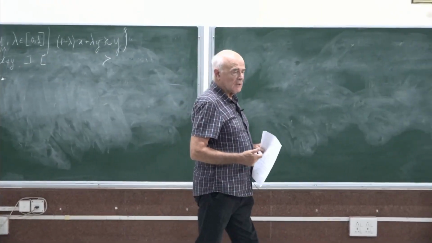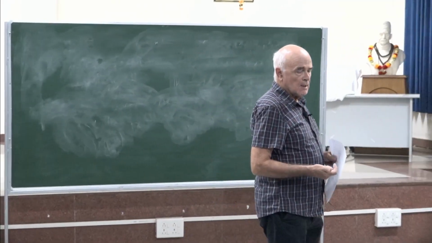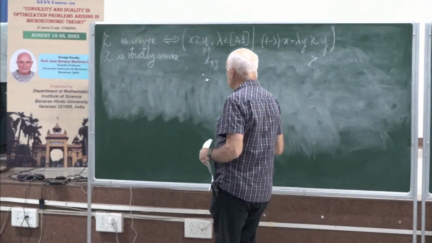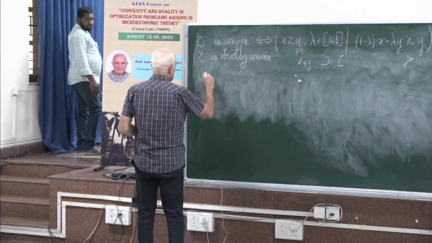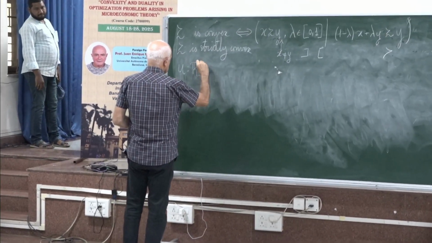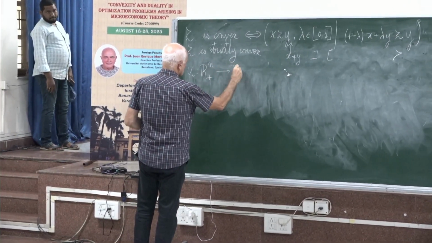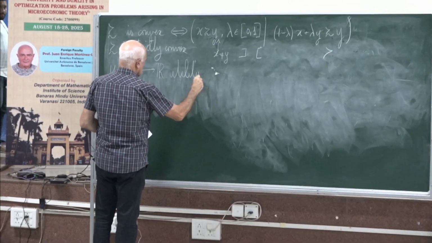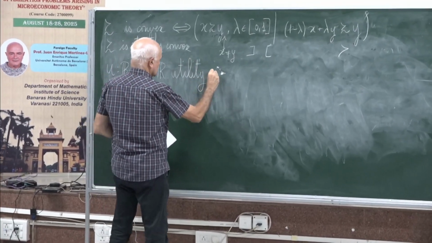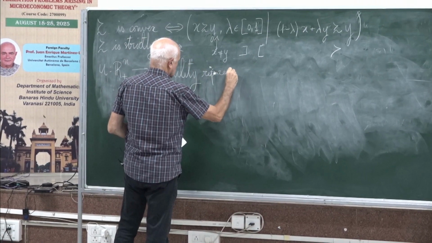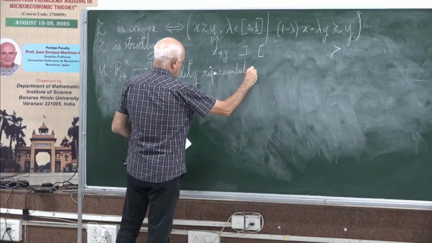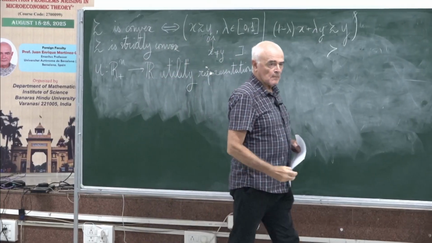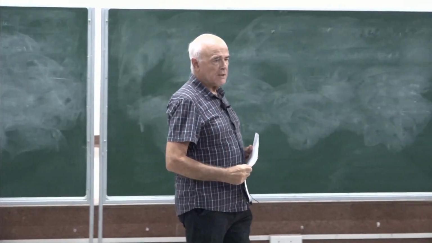Now assume that our preorder has a utility representation. U is a utility function representing our preferences.